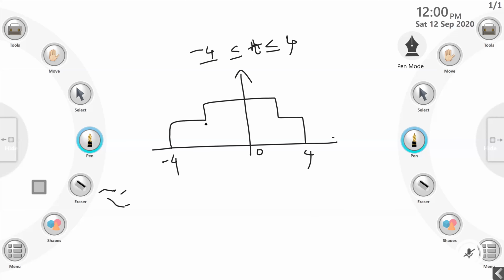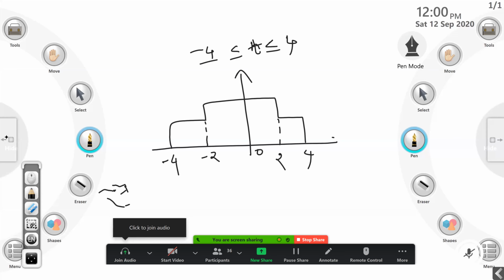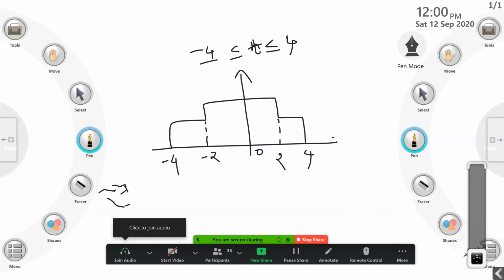So this point will be at -2 and this point will be at 2. Hope it is clear for you.